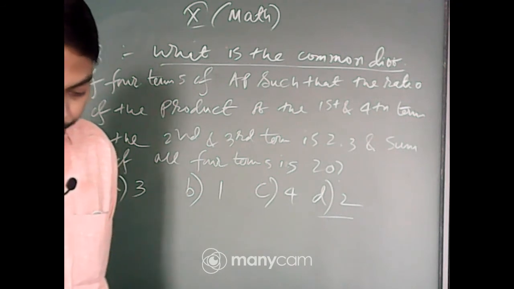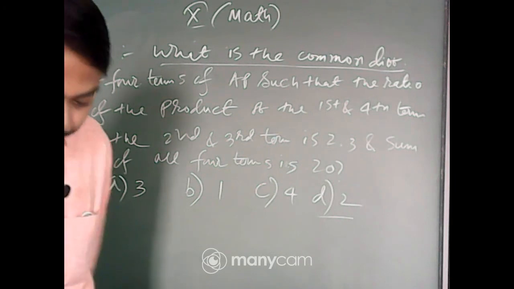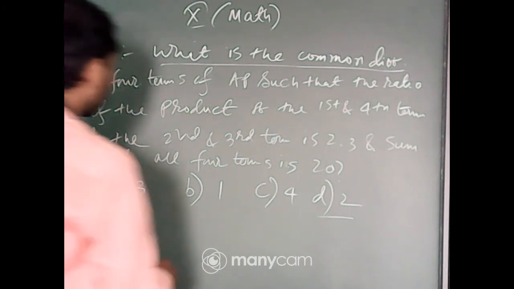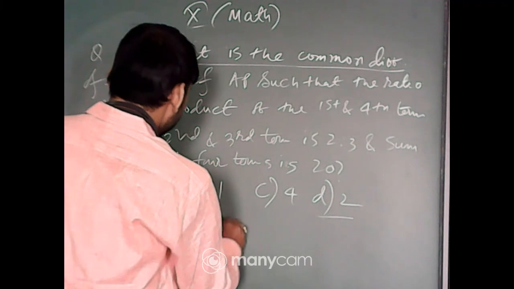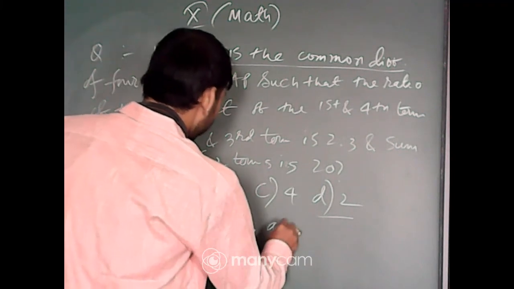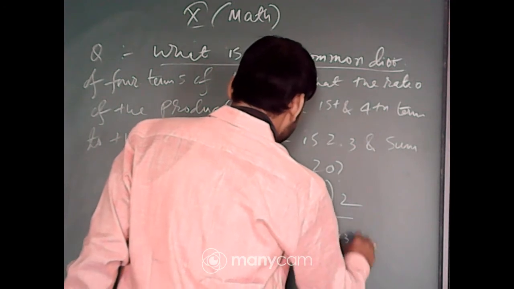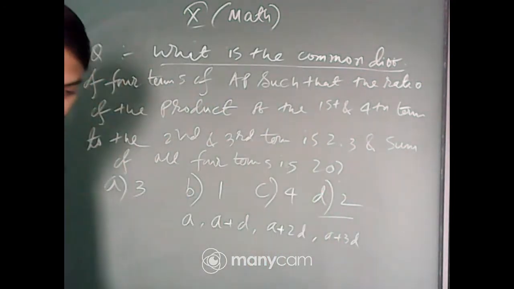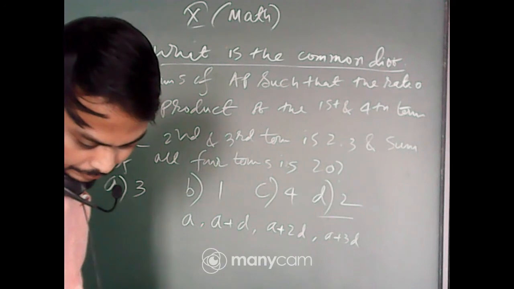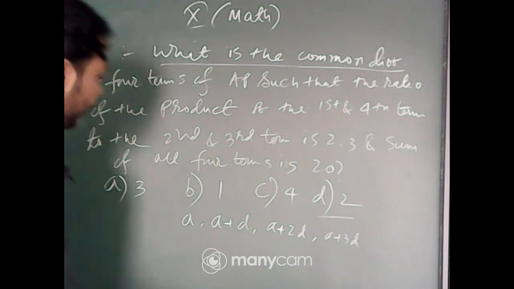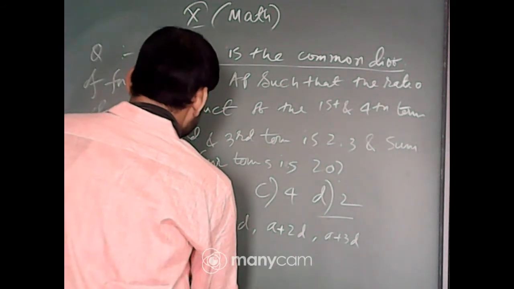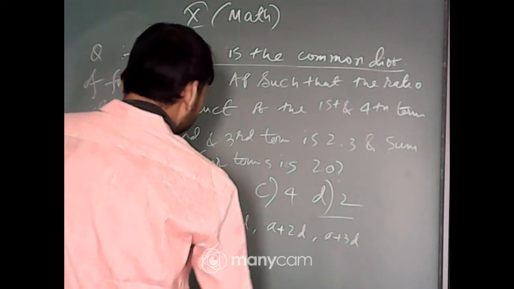The product of first and fourth term to that means if it is A plus D, A plus 2D and A plus 3D, then the ratio of the product of the first and fourth, that means A into A plus 3D.